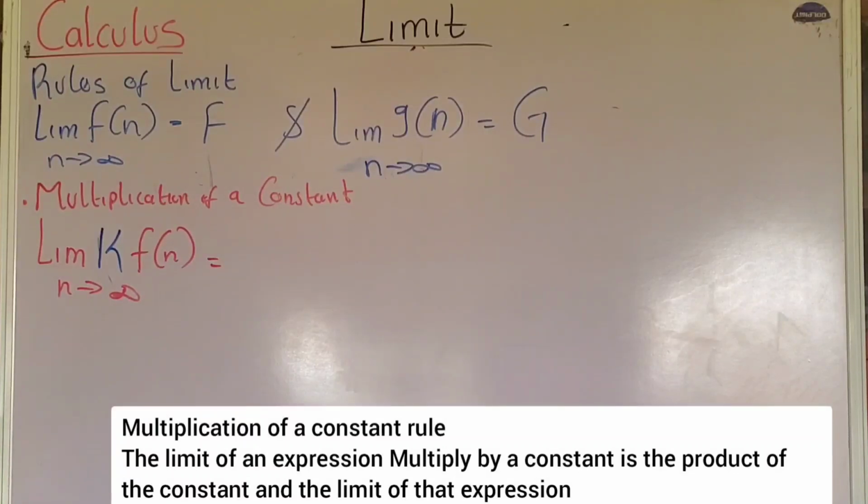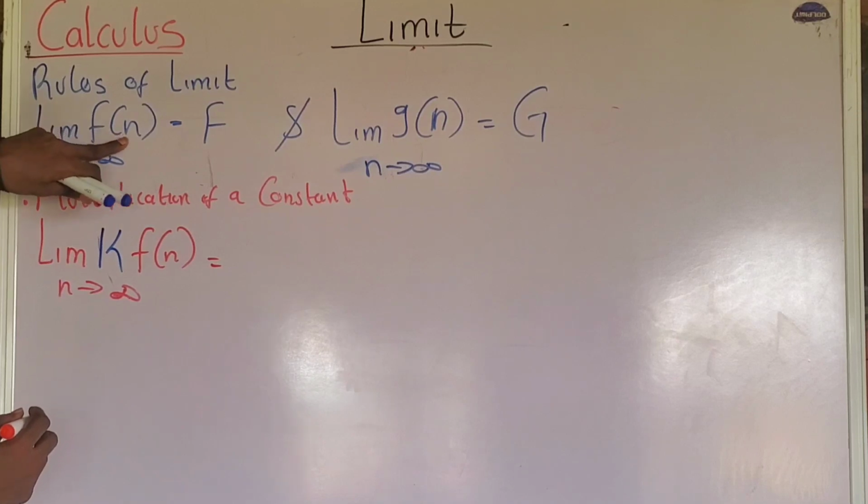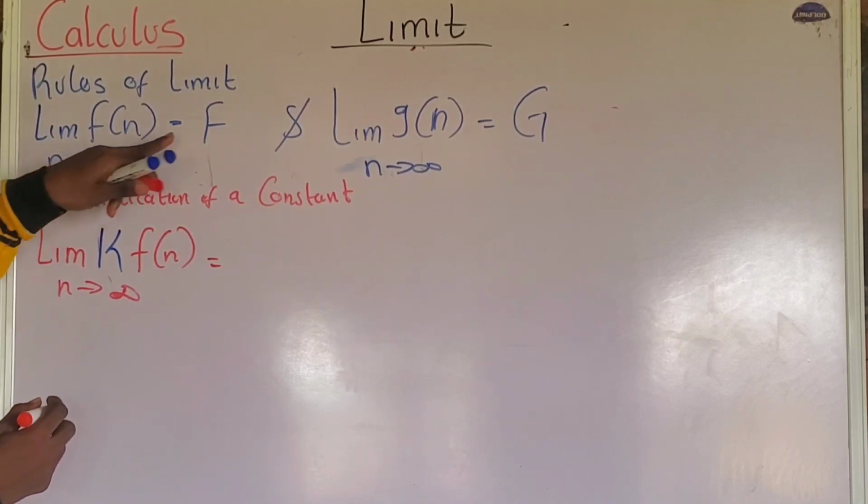The limit of an expression multiplying by a constant. What is the expression? The expression here is f(n), multiplying a constant. The constant here is k. So when we take the limit of a function that looks like this, the multiplication of a constant rule of limit states that, because we have already said, let the limit of f(n) as n tends to infinity be f.